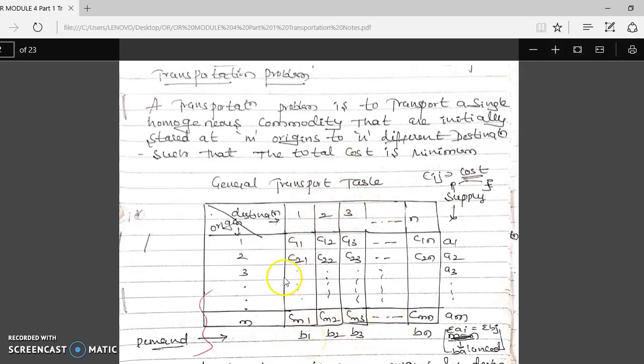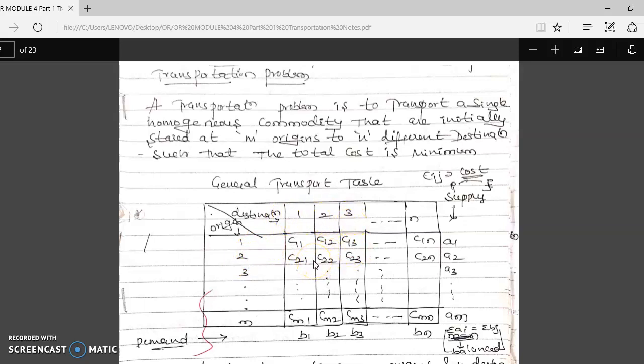Then each value inside the matrix indicates the cost required to transport goods from factories to warehouses.